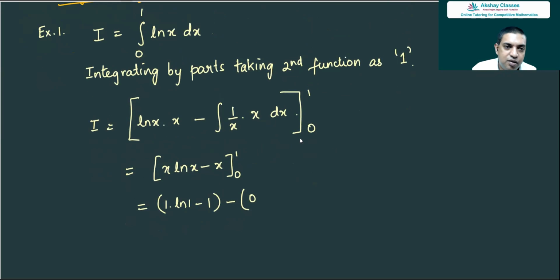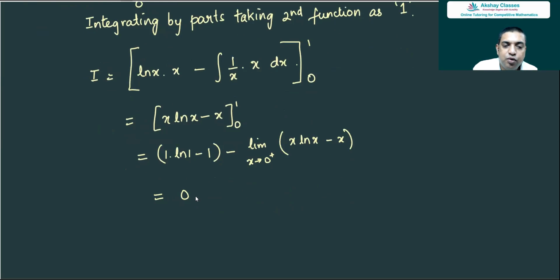Now, log, very important. I'll deal with this in detail again. Now, log x tends to minus infinity as x tends to 0. At x equal to 0, log is not defined. So we will have to do this for this one: limit x tends to 0 plus of x log x minus x, because directly you cannot substitute the limit.